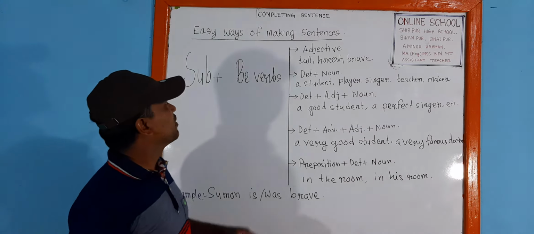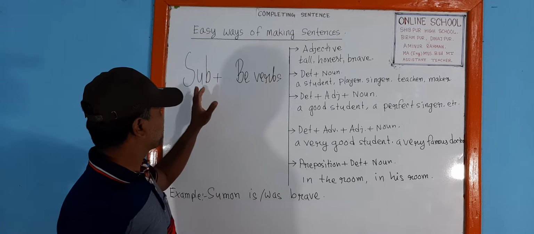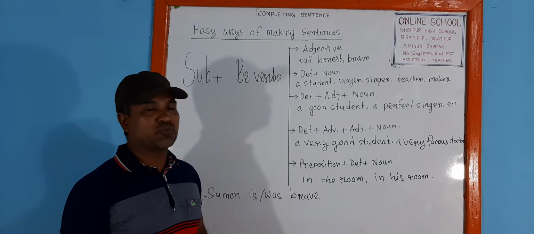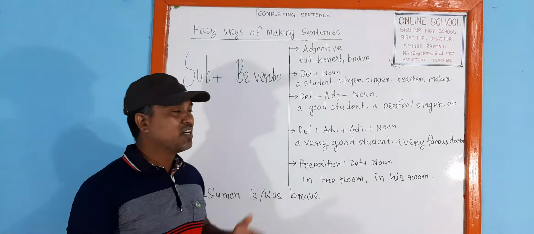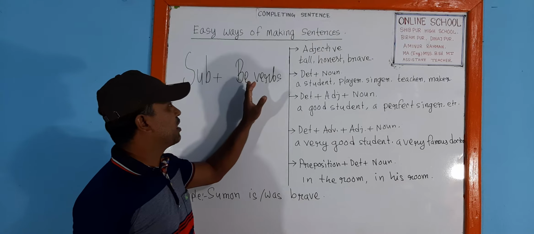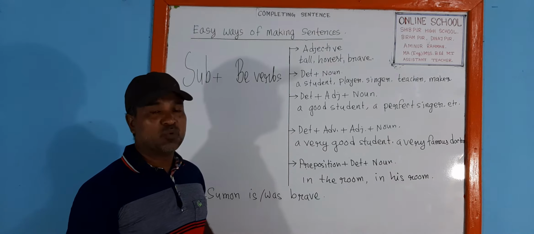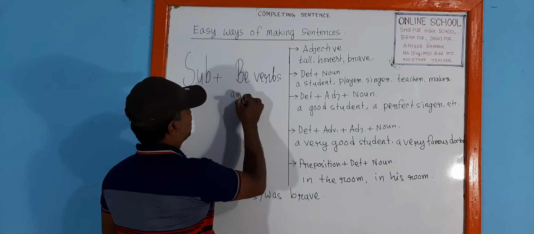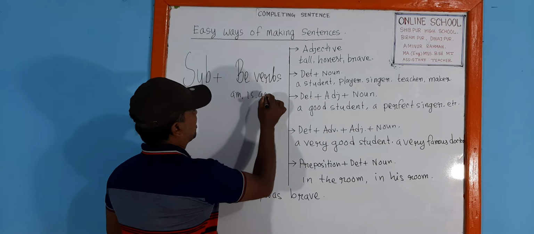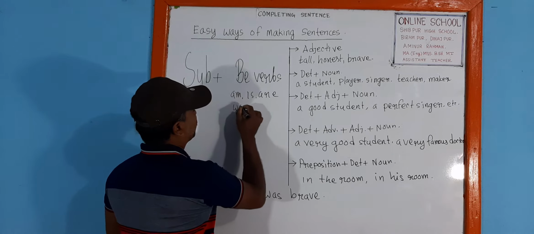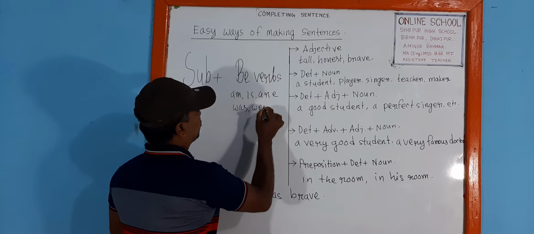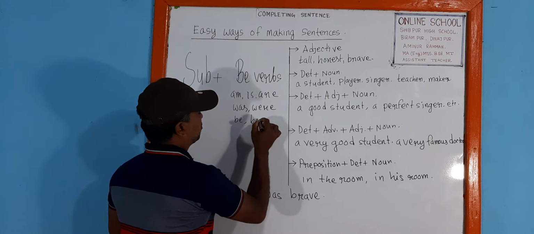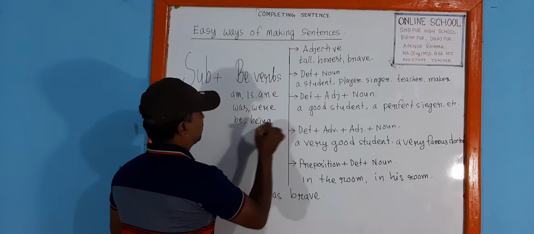Please look at this, learners. We know that in every sentence we can set up a subject, and after the subject, if we use be verbs, we know that be verbs are basically am, is, are, was, were, be, being, been.